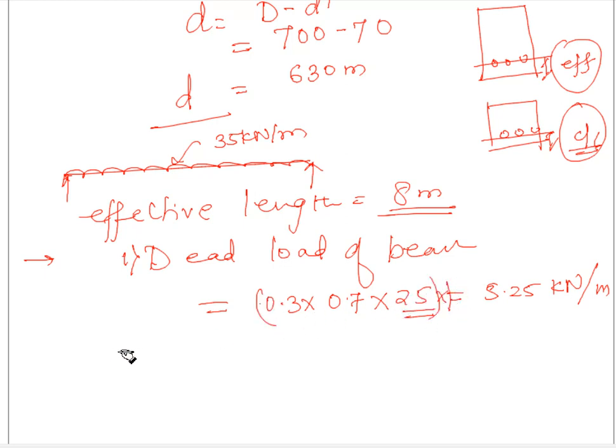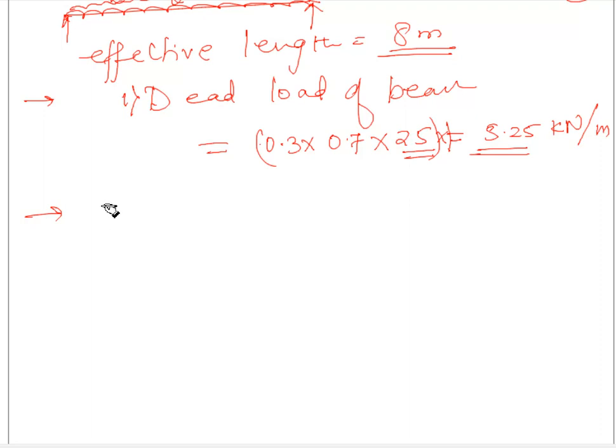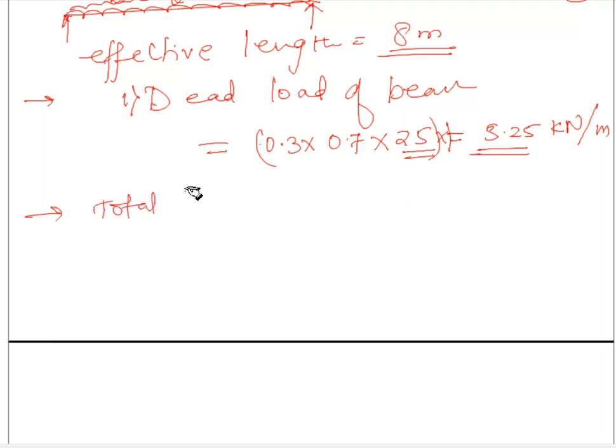So there is an additional UDL of 5.25 kilonewton per meter. The total load is dead load plus imposed load.